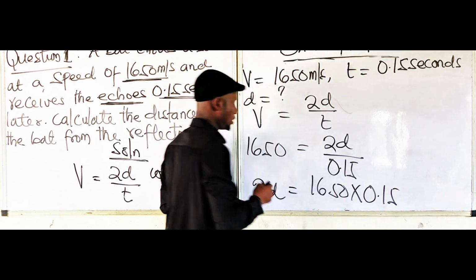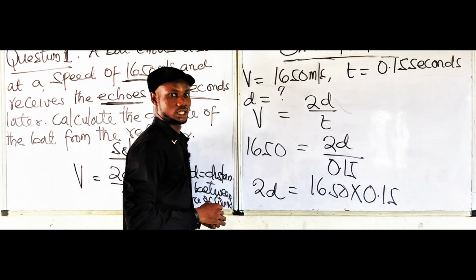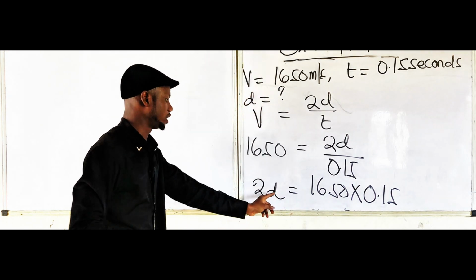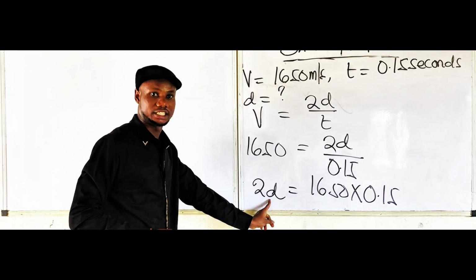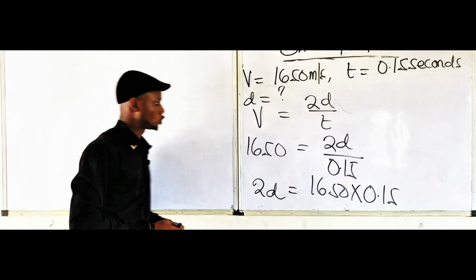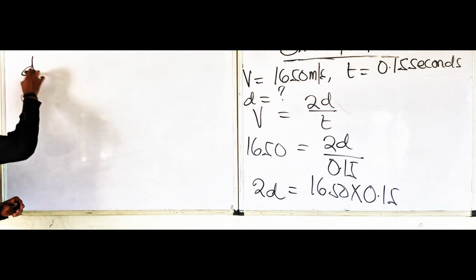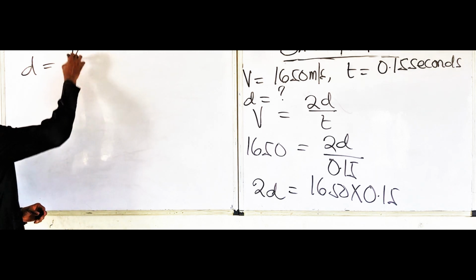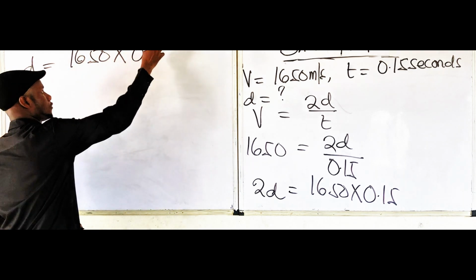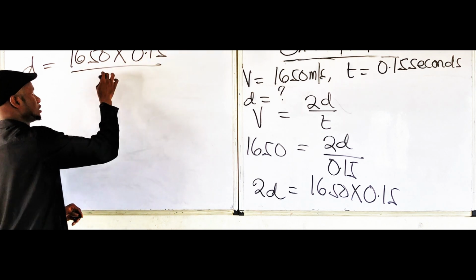Now making only D the subject of the formula, I want D to stand alone, so I have to divide both sides by 2. Doing that, D will be equal to 1650 times 0.15 divided by 2.